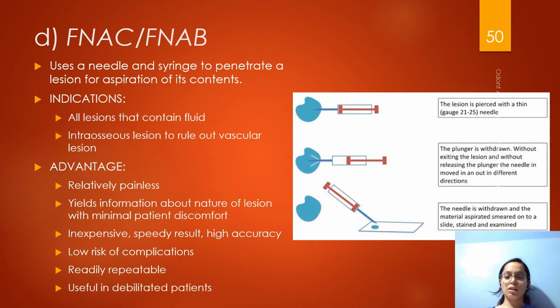They are smeared and then sent for examination. This is for lesions that contain fluid or intraosseous lesions, so that we can rule out vascular lesions. We do this first before intraoral incisional and excisional biopsies.